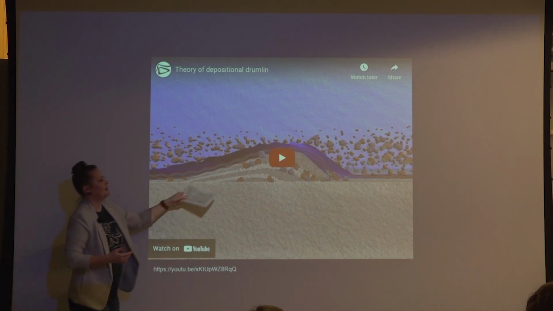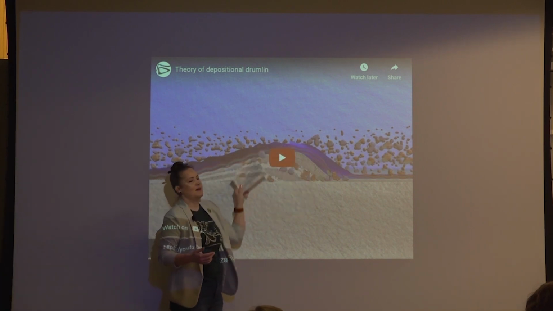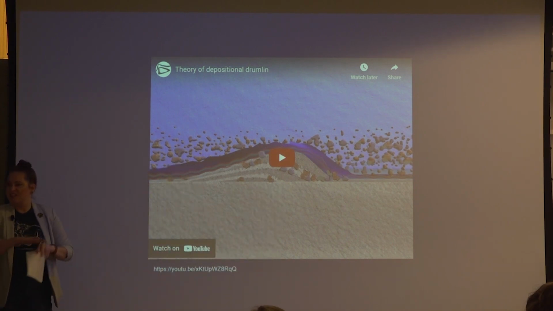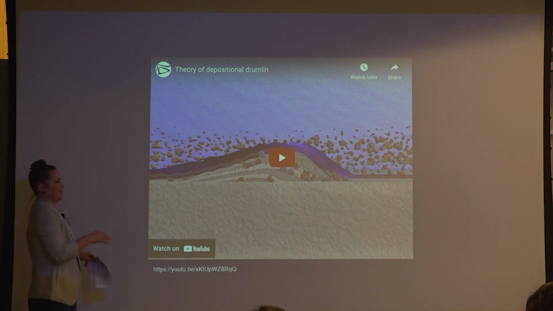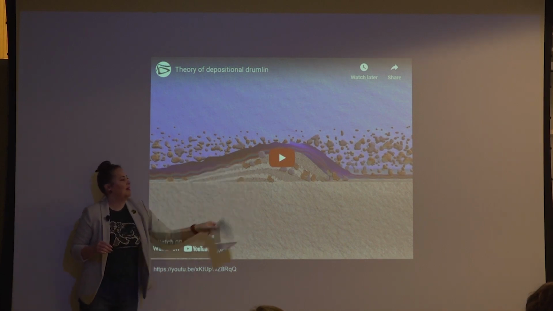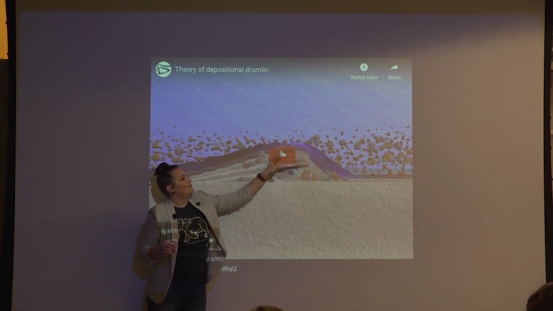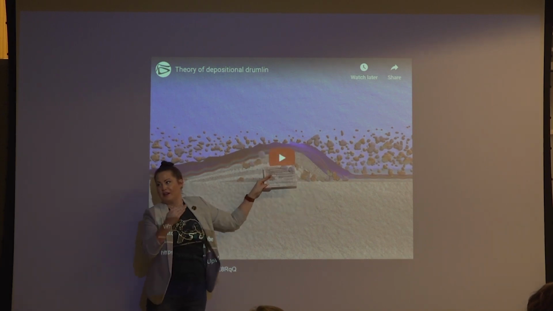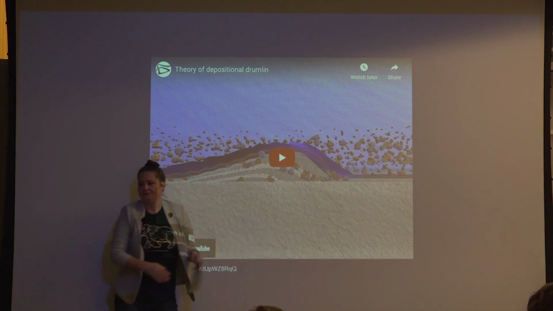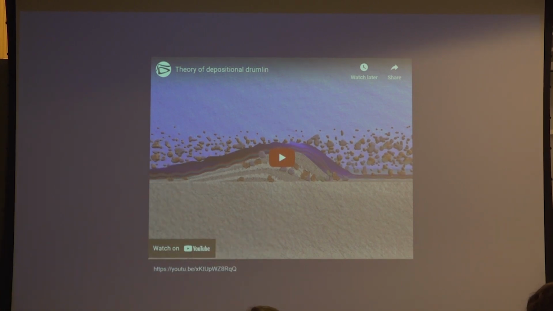And in this case, it's carrying a bunch of sediment, but it's also working up into the bottom of the glacier. And we know that glaciers hold on to a bunch of stuff as they move across the surface. So you'll get some big ones back here, but mainly this is the first spot that the water hits, and that will drop out first, and then it has to go up and over. Again, this is all pretty theoretical, but this is the best one that I've seen on how these are formed.